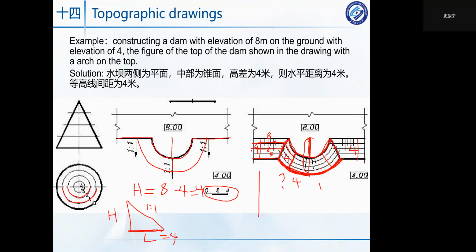Actually, it is a curve, but we can divide it into very small parts. If you divide this interval into 40 parts, and also divide the other one into 40 parts, you can get 40 cross points.